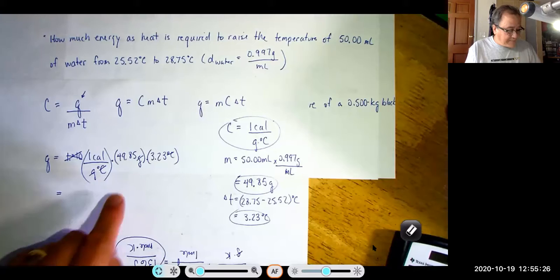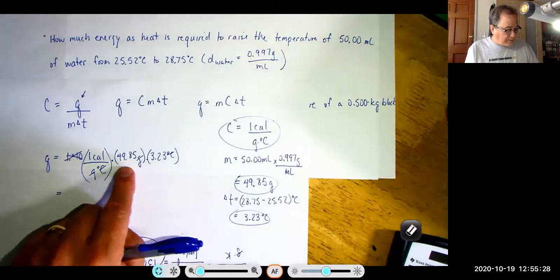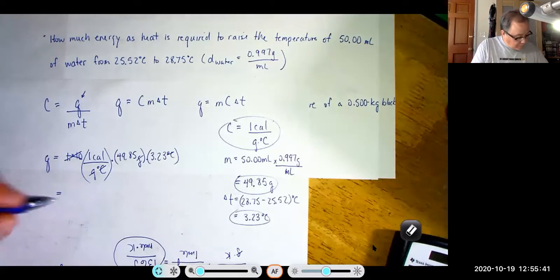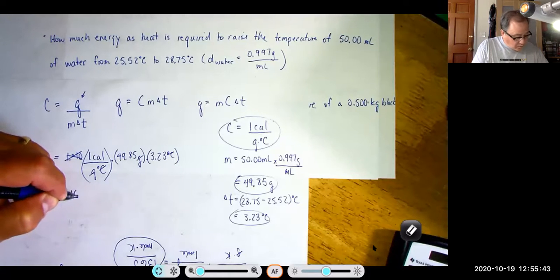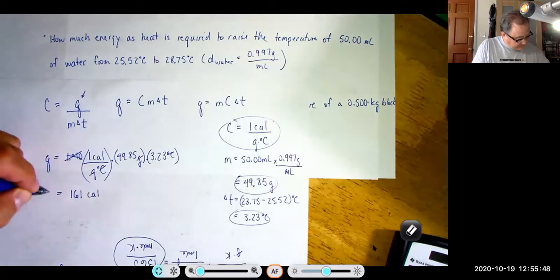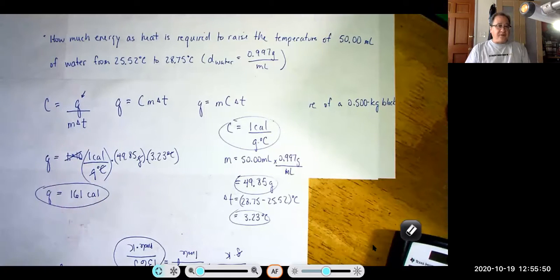Because 3 times 50 is 150, so with 3.23 it must be more like 165, or maybe 160. So let's try it out. 49.85 times 3.23, and we get 161 calories. And there's your answer for that one.